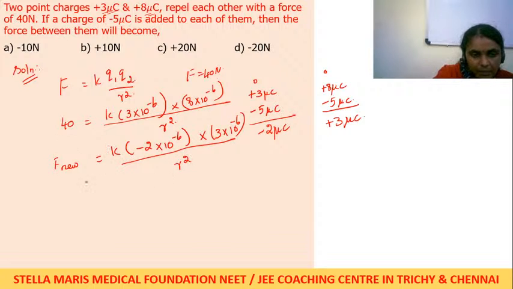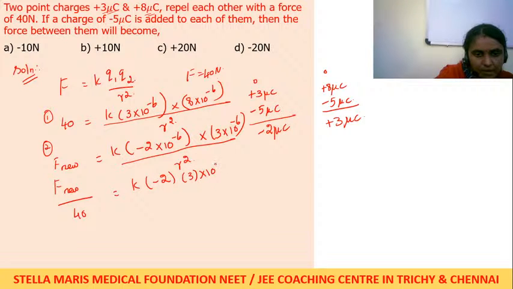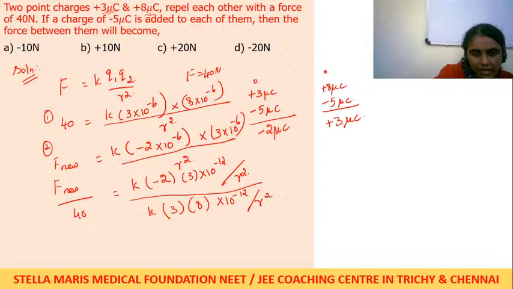Okay, so here to find this F new value, I am going to divide these two equations. Consider this as the first one and this one as the second one. So F new divided by 40 is equal to K into minus 2 into 3 into 10 power minus 12 divided by r squared, the whole divided by K into 3 into 8 into 10 power minus 12 divided by r squared.